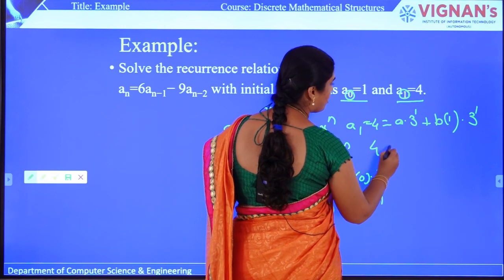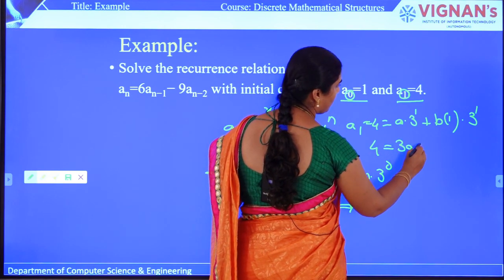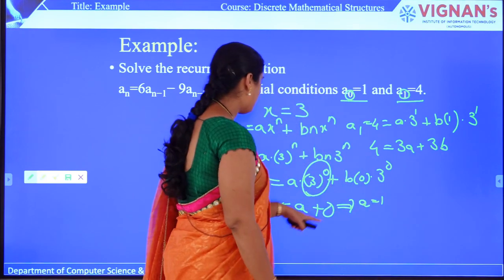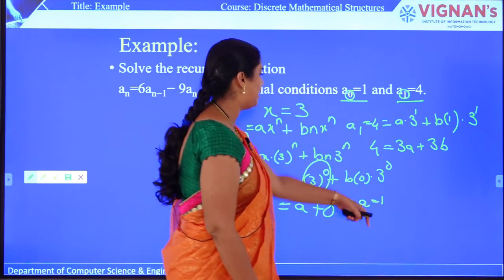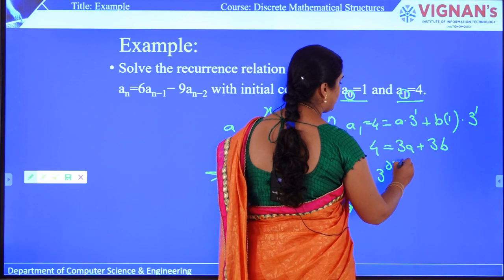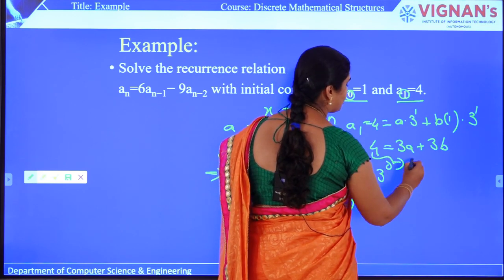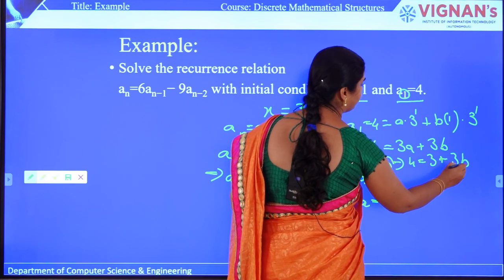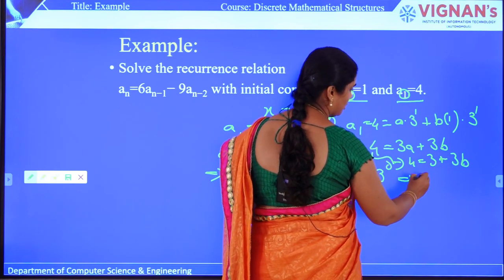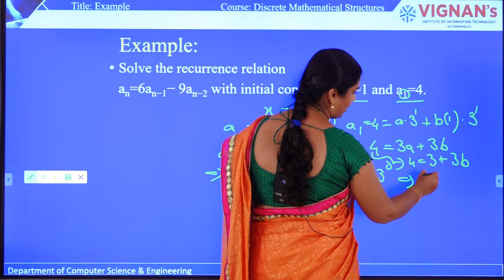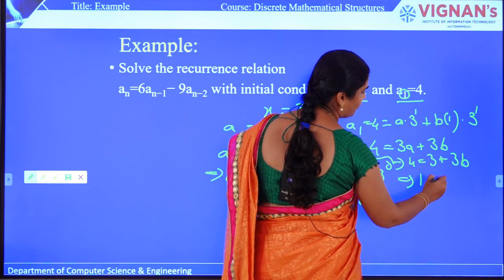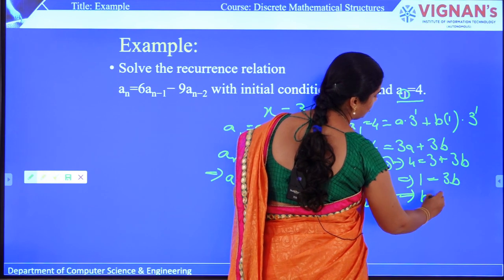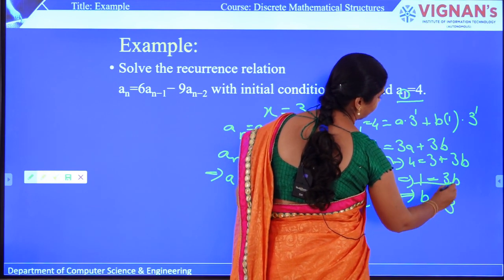So 4 will be equal to 3a plus 3b, okay. And what is the value of a which we have obtained? 1. That will be substituted over here. That means this equation means 4 is equal to 3 plus 3b. That means now if you get 3 over this side, it will be converted to 1 is equal to 3b. That means b is equal to 1 by 3.